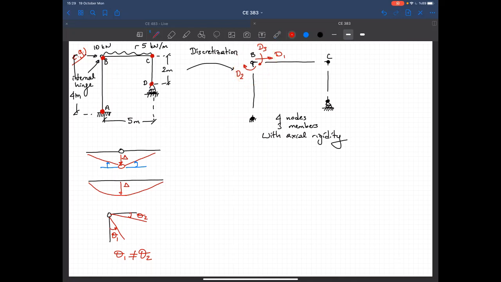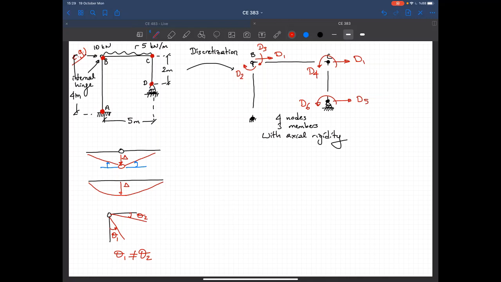Point C, as we discussed before, will move in the horizontal direction but with the same amount as point B, so that this member will not elongate. It cannot move in the upward direction because this cannot elongate, but it can rotate, and since this is a rigid joint, a continuous joint, I will have a single rotation, and that rotation is D4, and at node D, this is D5, and that's D6.